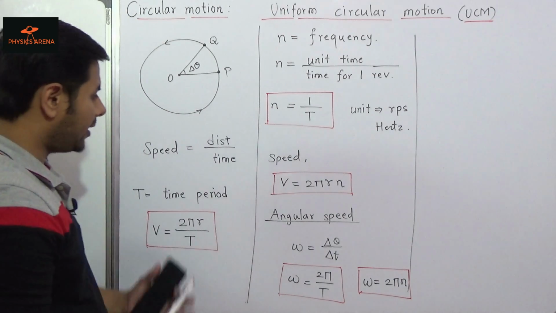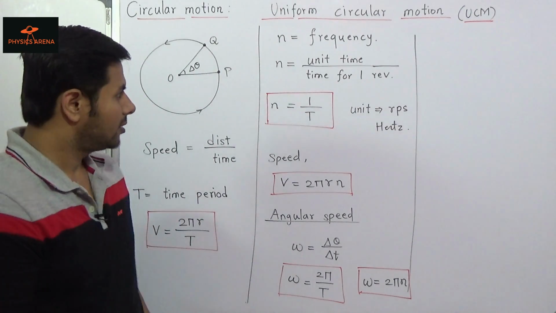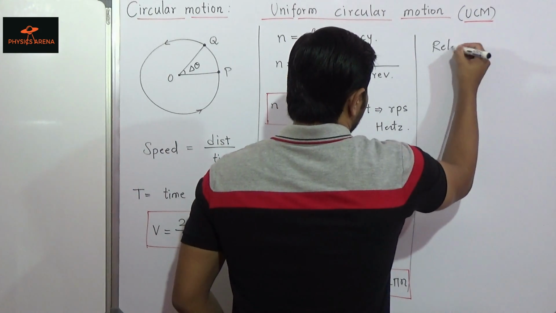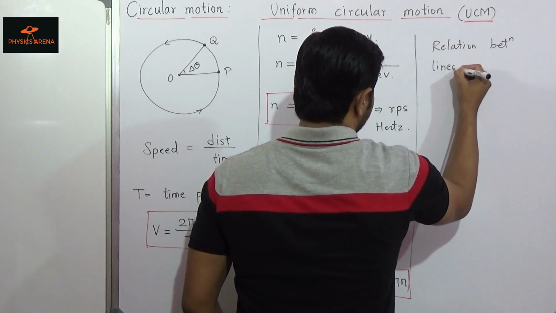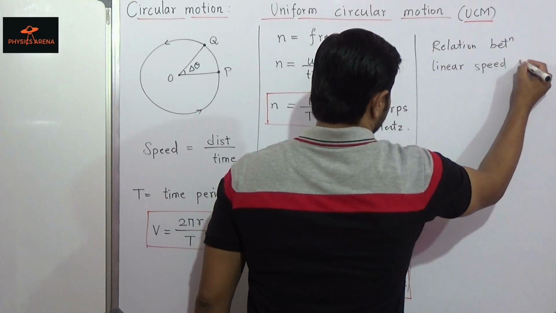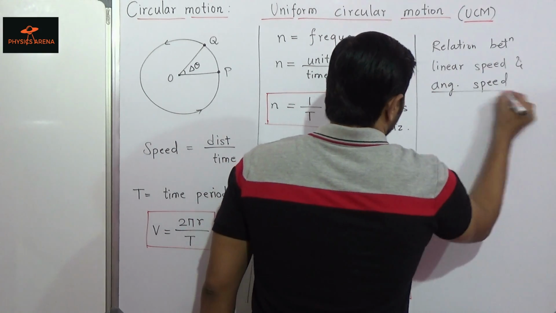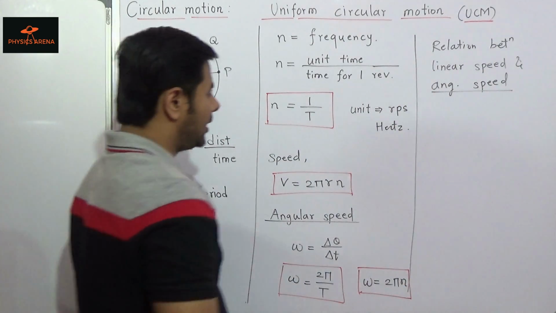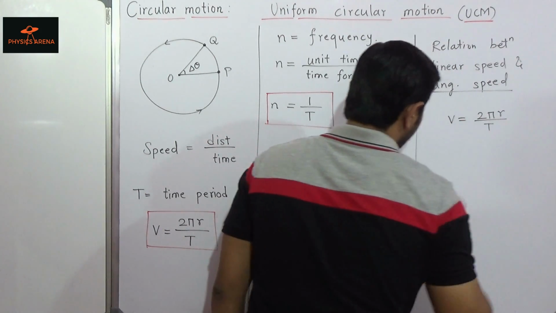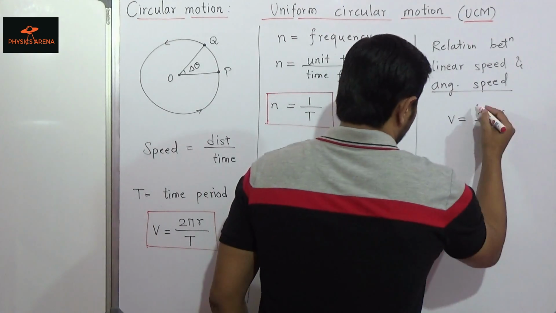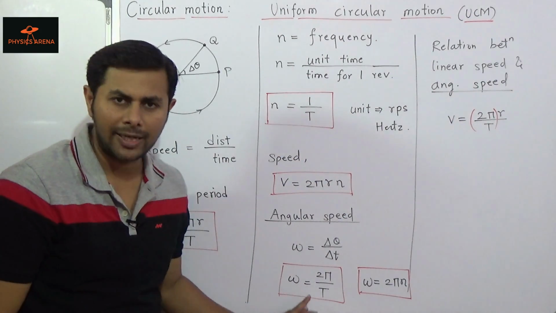Then let's relate the linear speed of the particle and the angular speed. So the relation between linear speed and the angular speed. We know that linear speed v is equal to 2 pi r divided by t, and in place of this 2 pi over t, I can substitute this omega.